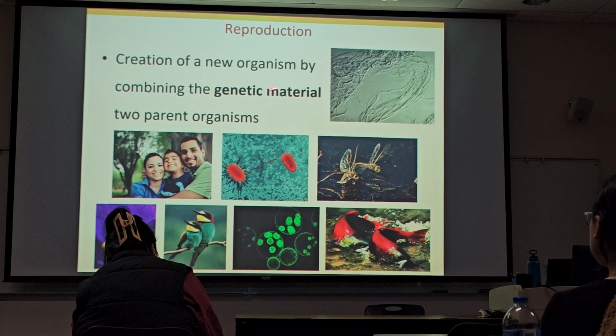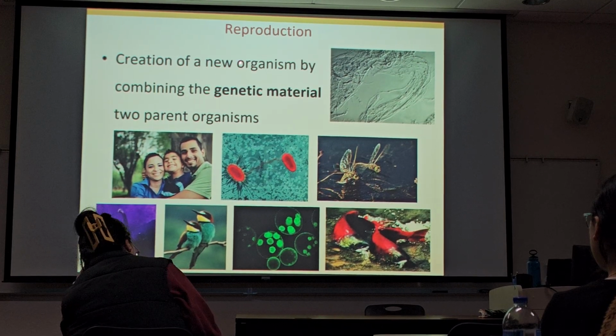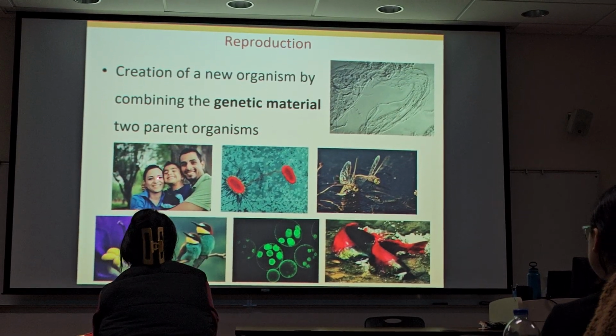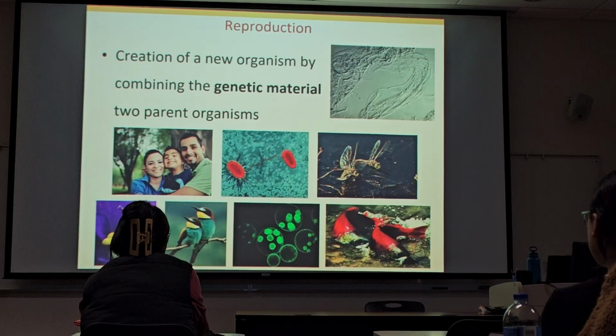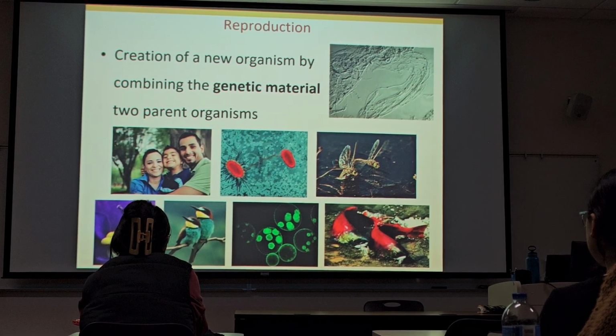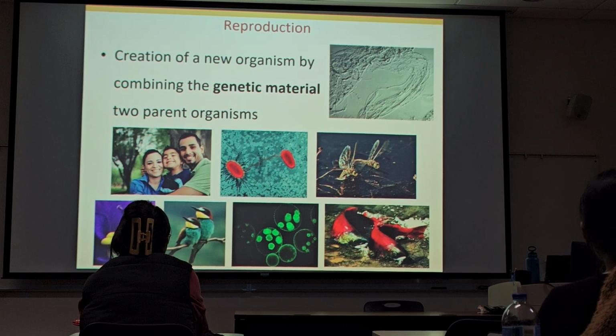Reproduction is the creation of new organisms of a species, where the genetic material from a male and a female combine in a way that produces a whole new DNA molecule that gives rise to an organism that is their own person.